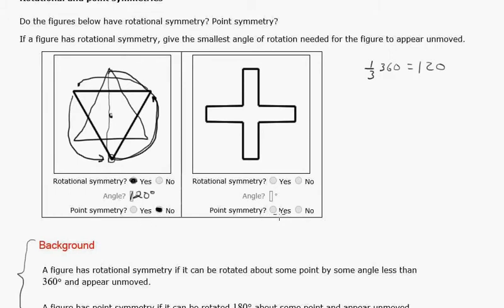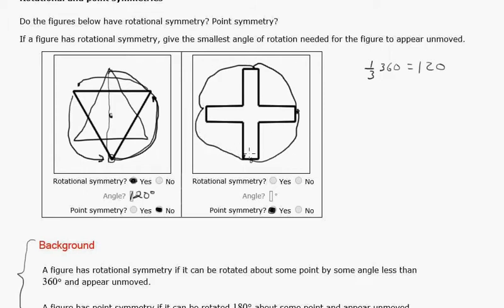This one, you can see this point right here, if you rotated 180 degrees, the whole thing would match up. So yes, it does have point symmetry. And for rotational symmetry, this point can be rotated to that point, and each of the other points rotates to the next, and it looks the same.